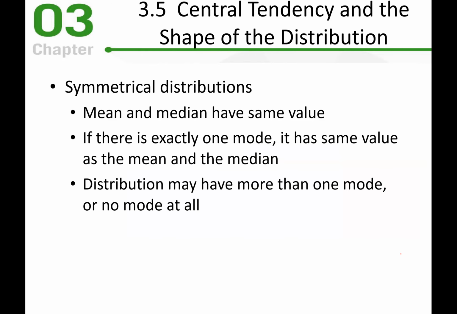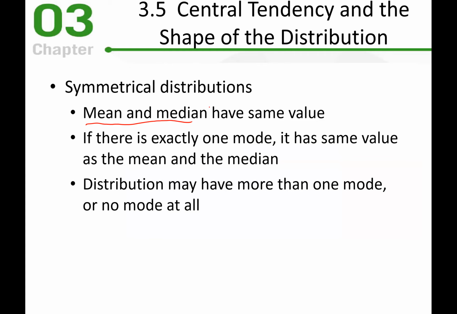All right, so now we're going to talk about central tendency and the shape of the distribution. Like we talked about last class, we could have what's called symmetrical distributions. In a symmetrical distribution, the mean and the median are going to have the same value.